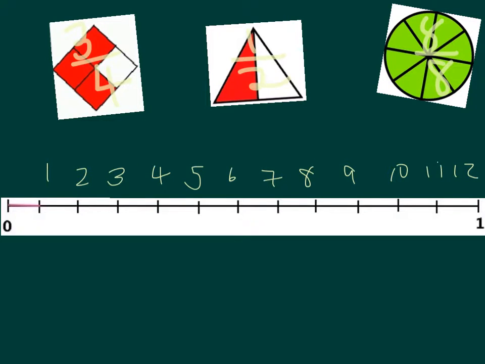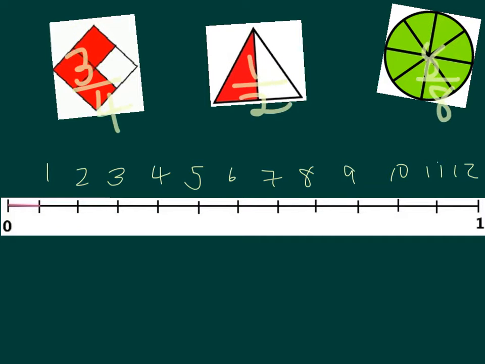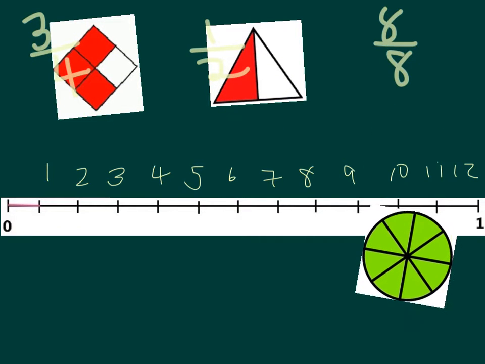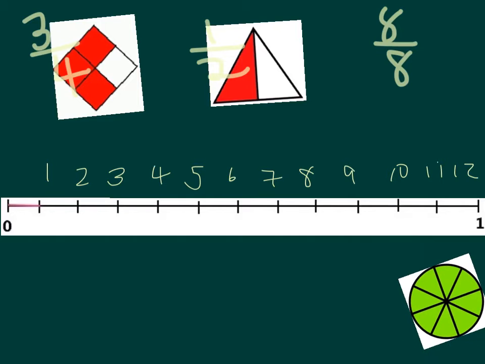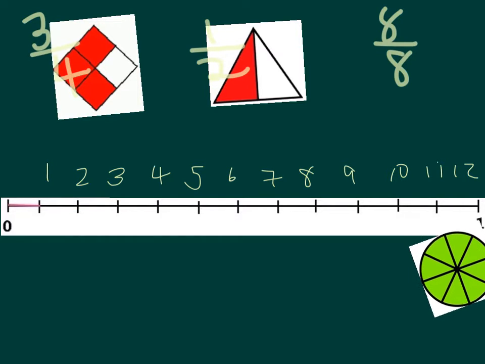So once we have figured out how our number line is divided, we can now begin to see how we can fit our given fractions onto our number line. So the 8 out of 8 is obviously 1, because 8 out of 8 is equal to 1.